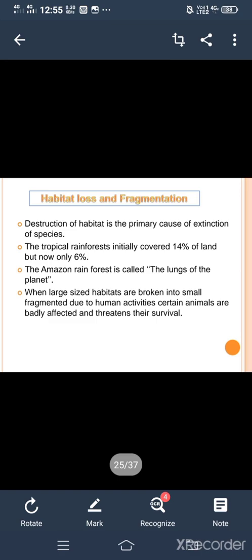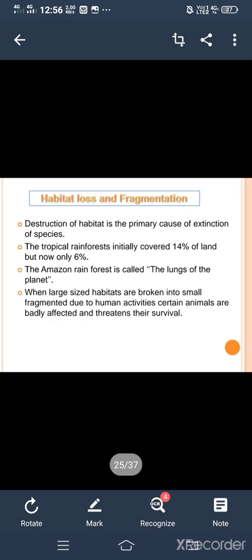Fragmentation means when there is a big ecosystem and we start dividing that ecosystem for our greed. What happens there? Many of the plants and animals are also destroyed because we are destroying their natural habitat. So that is called habitat loss and fragmentation, which leads to the destruction of the plants and animals living in that particular place.